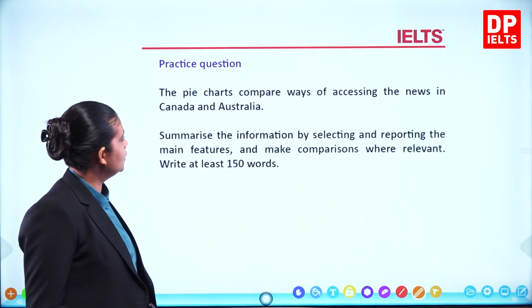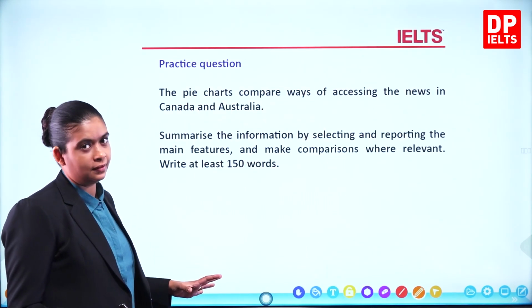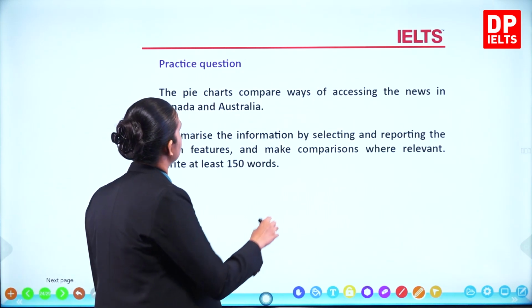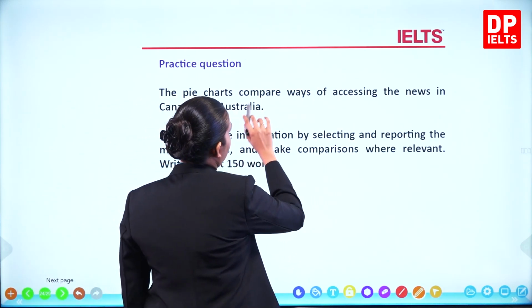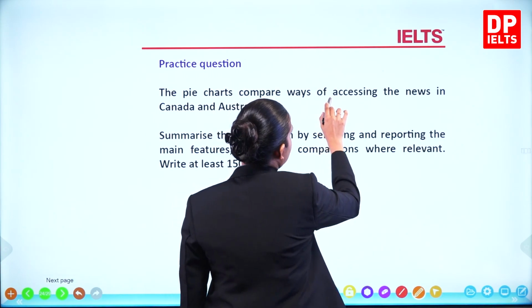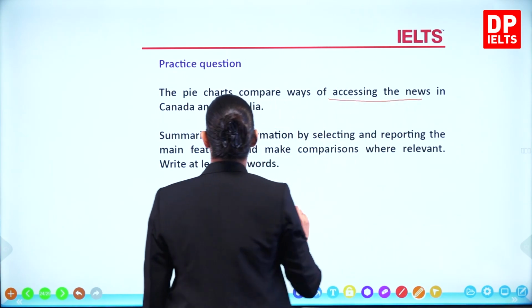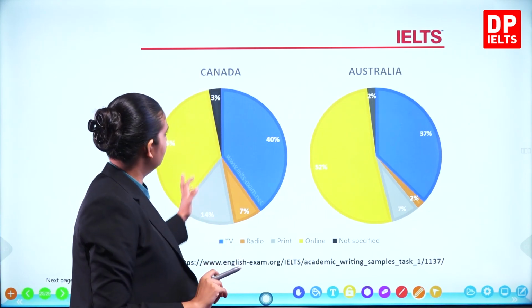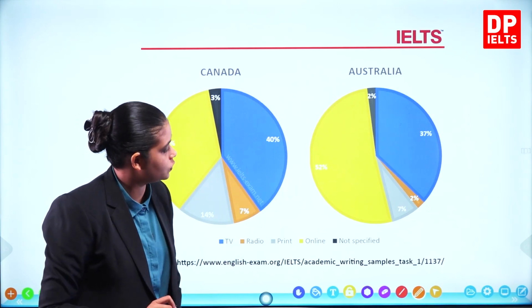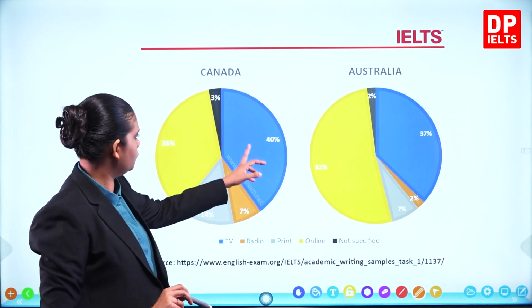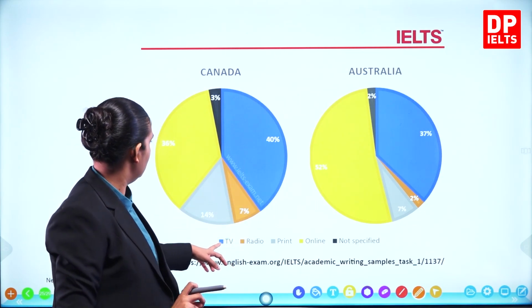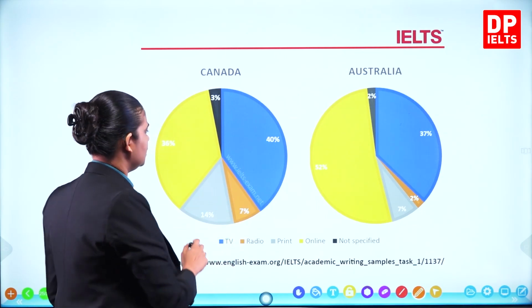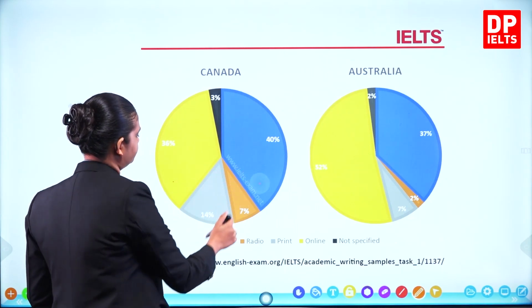Okay, so the next question is for the pie charts, and it compares the ways of accessing the news in Canada and Australia. So here you have Canada, here you have Australia. 40% was by TV, which was close to online.